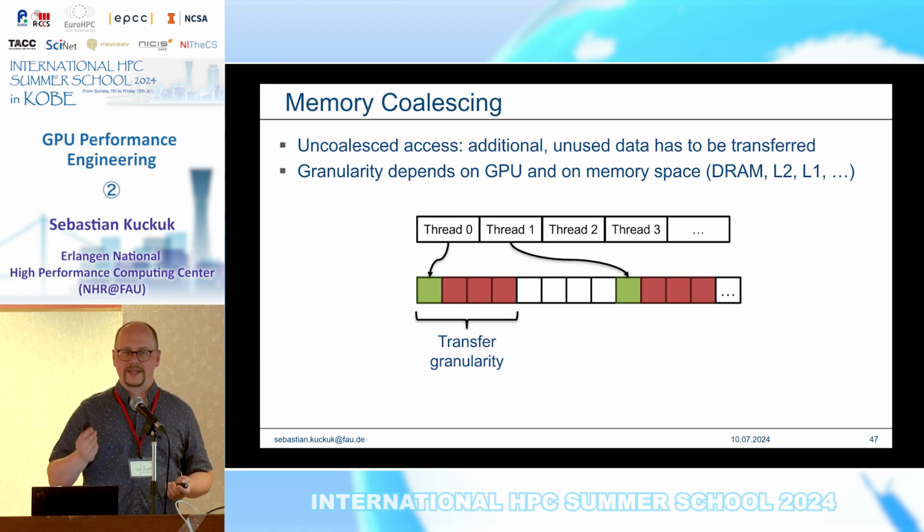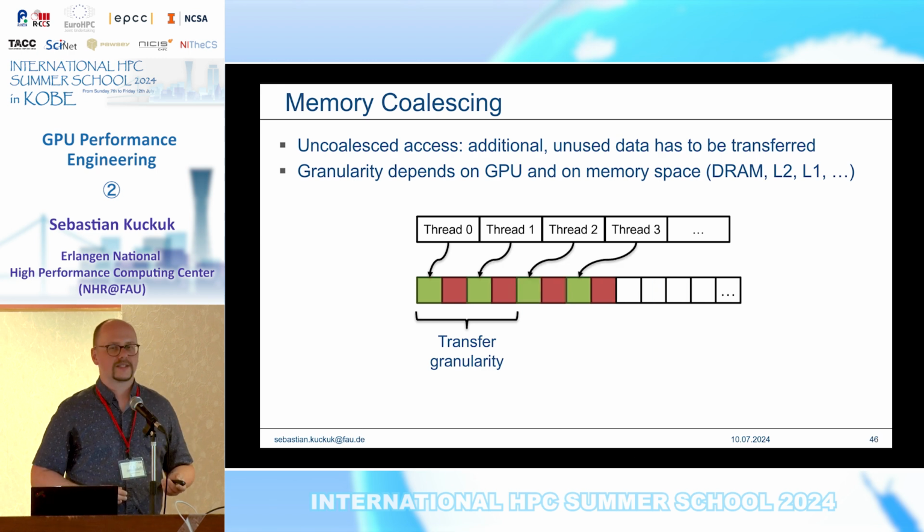If you have random access patterns, unstructured grids, writing to a histogram, stuff like this, you usually cannot expect the full main memory bandwidth, and it might be worthwhile to think about techniques of getting closer to coalesced accesses. Because even semi-coalesced accesses already mitigate the performance penalty that you're hit with.